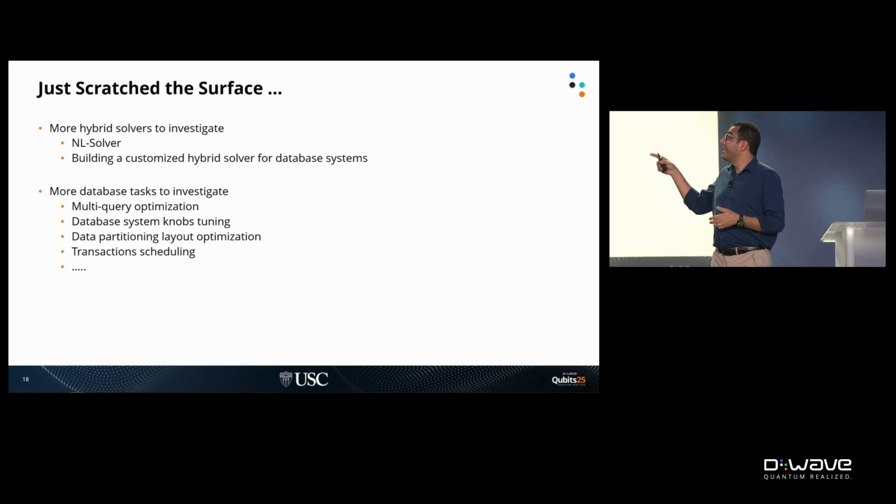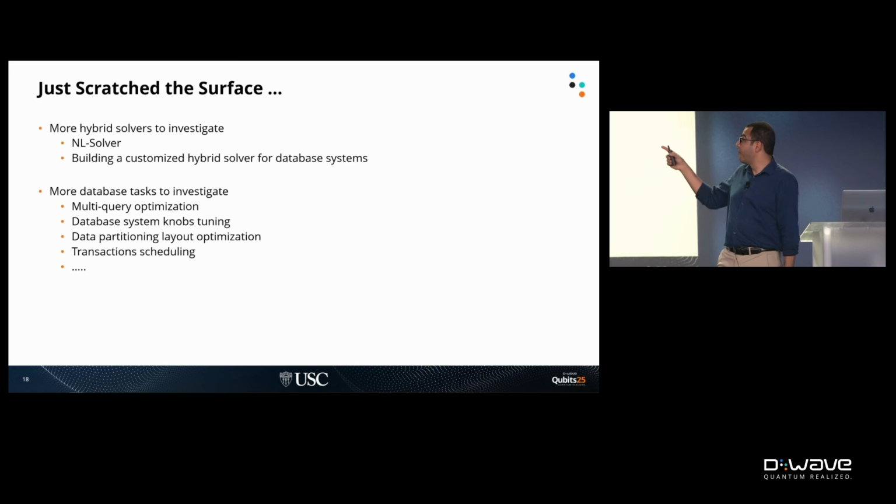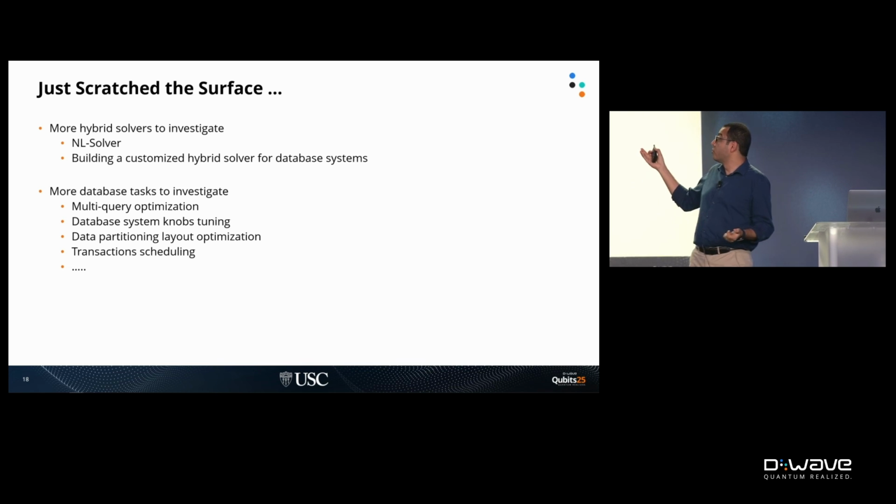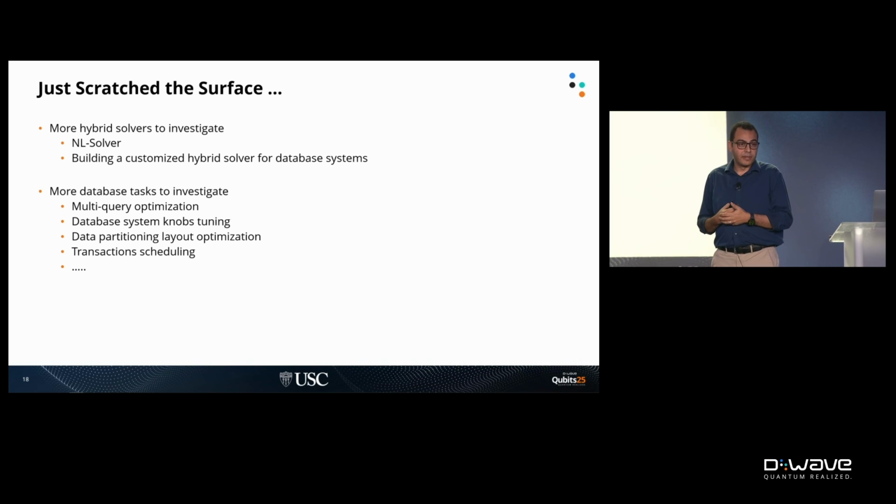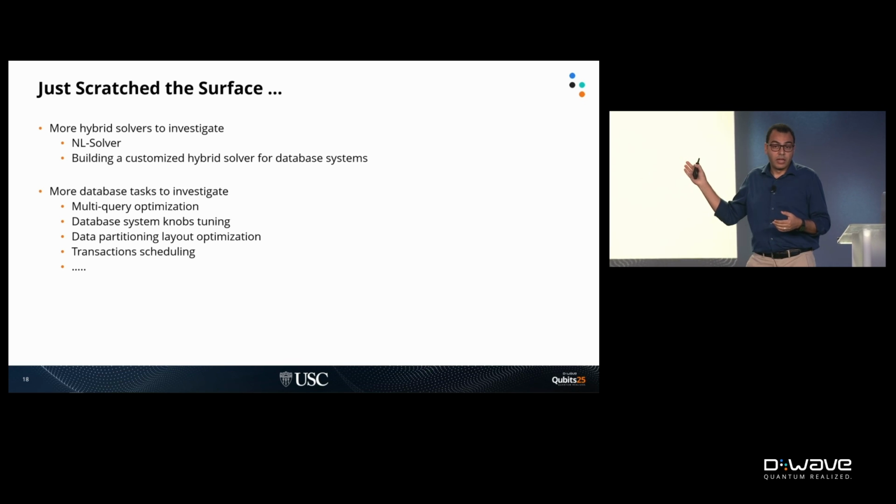We can also have more database tasks that we can solve with this. We just focused on the query optimization of one query. We can have multiple query optimization, like if you have different queries coming at the same time, how can we optimize them? And also other optimization problems in the database stack, like knob tuning, how you change the configuration of your database components. These are also very hard problems.